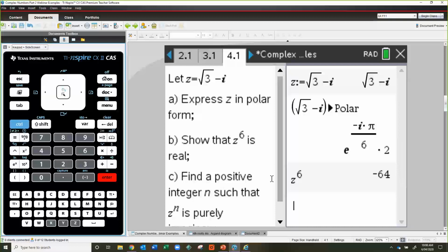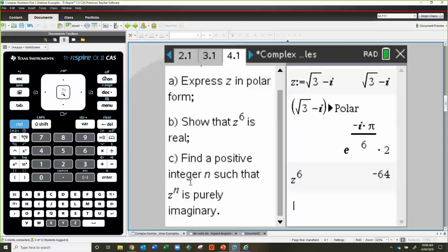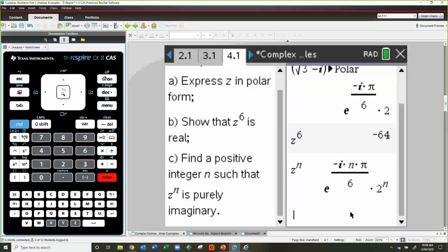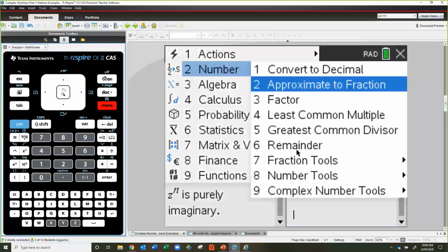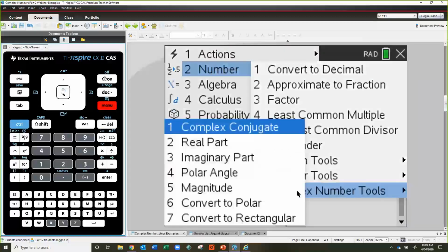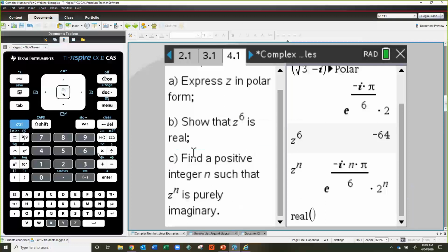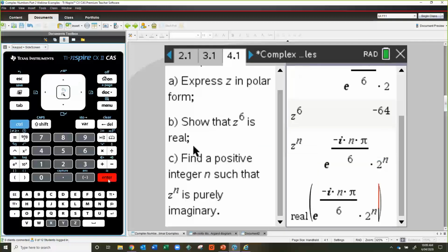Now, what we have in part C is find a positive integer n such that z to the n is purely imaginary. So I do it in steps. I will find z to the power n first. So, of course, modulus raised to the power n, argument multiplied by n. And now I will go menu, number, complex number tools, and I will find the real part of this number.